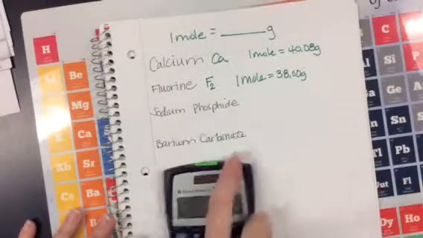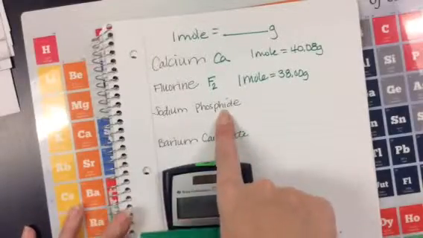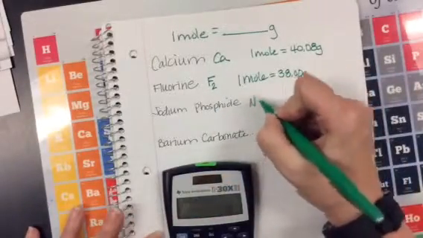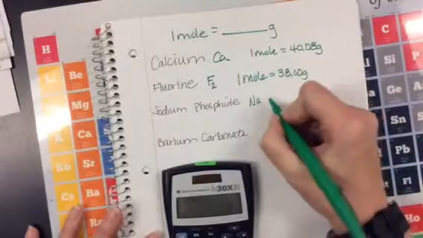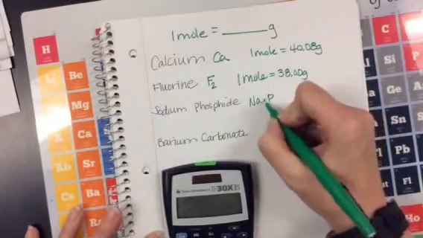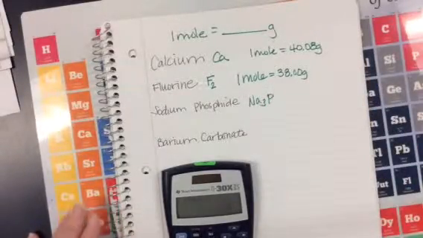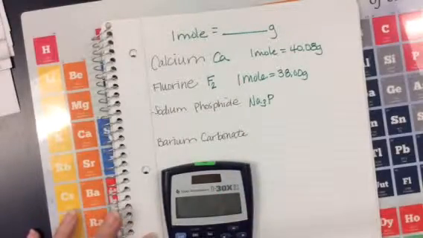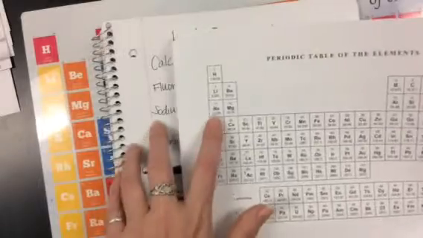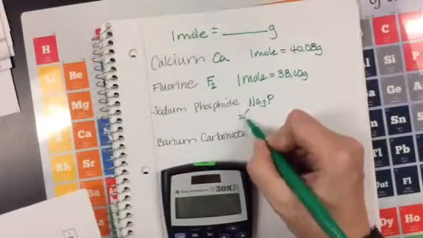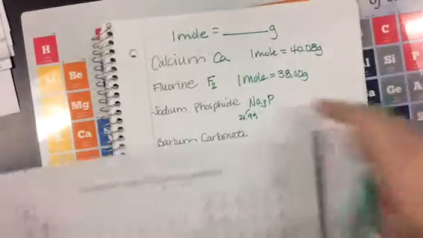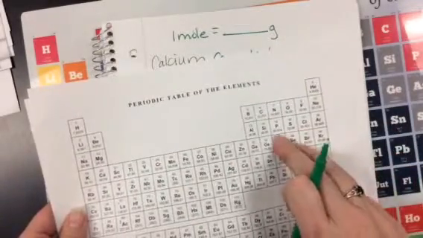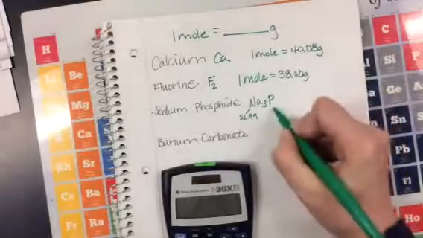Now the next one says sodium phosphide. Sodium is Na, has a +1 charge. Phosphide is phosphorus, it has a -3. So we end up with Na3P. So we're going to do the same thing that we did before. We need to find the mass of sodium on the periodic table, which is 22.99. Find the mass of phosphorus on the periodic table, which is 30.97.